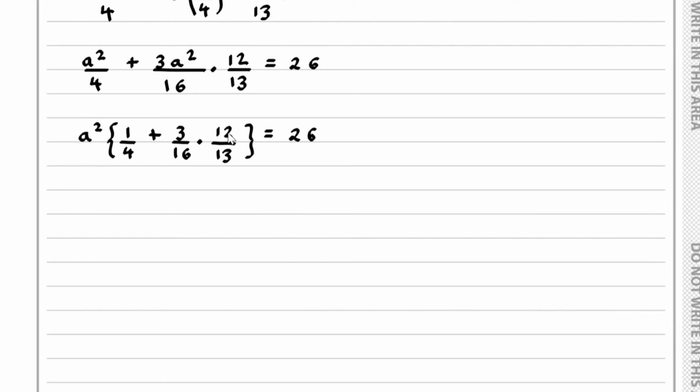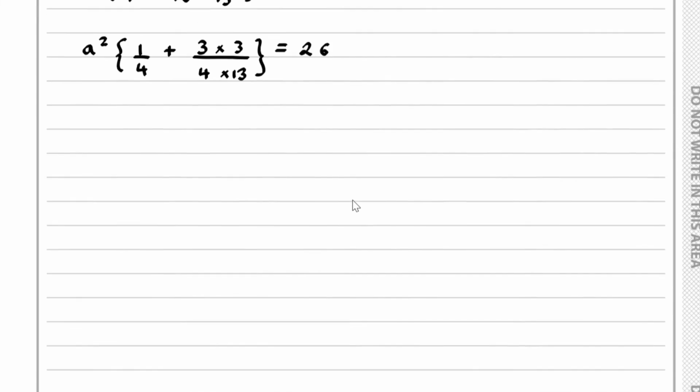Now, the 12 divided by the 16 would give 3/4. So I've got a squared multiplied by 1/4 plus 3 times 3 over 4 times 13, equaling 26.